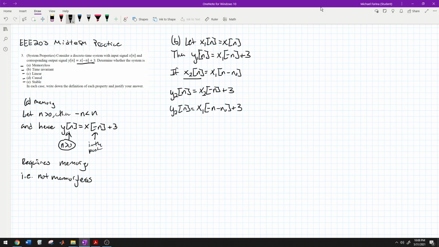A time invariant system means that if we shift the input, then the output is going to shift with it.